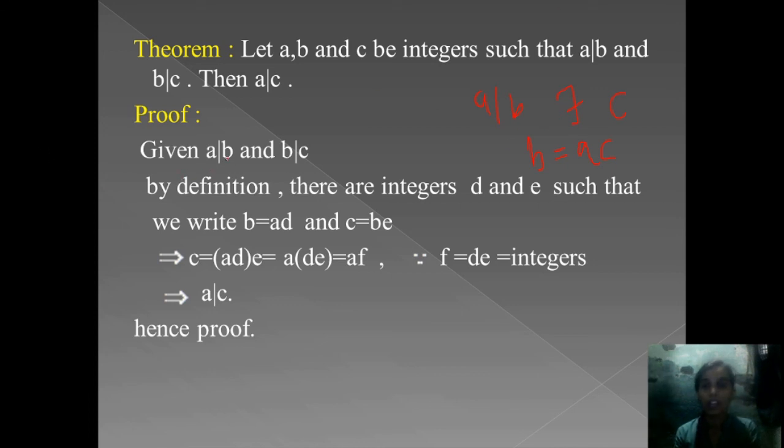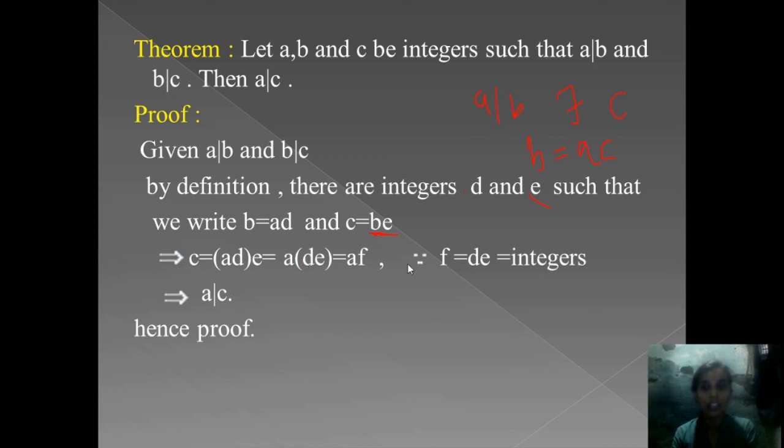We are given that a divides b and b divides c, and by definition there are integers. Since a divides b, there exists an integer d, and since b divides c, there exists an integer e. So by definition we write b equals a into d and c equals b into e. Substituting the value of b, we have c equals a into d, in bracket, into e, that is equal to a into bracket d into e.